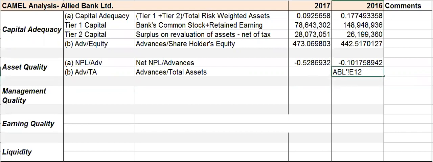If we multiply this ratio by 100, we can get our answers in percentage form. Same like this, we can calculate this ratio in 2017.